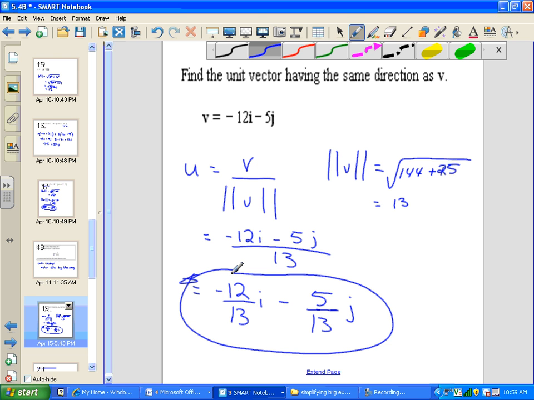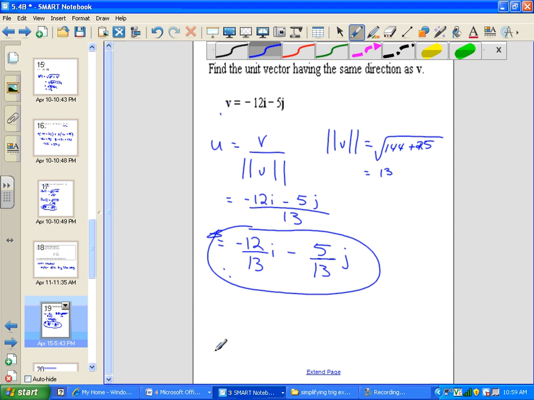What should the magnitude of the vector be? 1. Because it's a unit vector. So the idea is that this vector and this vector are different, but they go in the same direction. This vector had a magnitude of 13. This vector would only have a magnitude of 1. So to kind of show you visually what it would look like, that might be my 13 vector, and then this would be my unit vector.